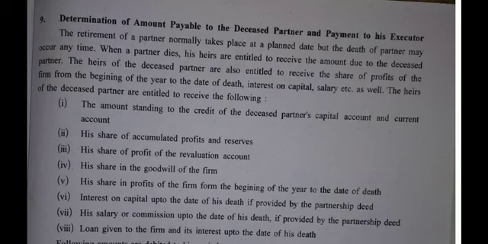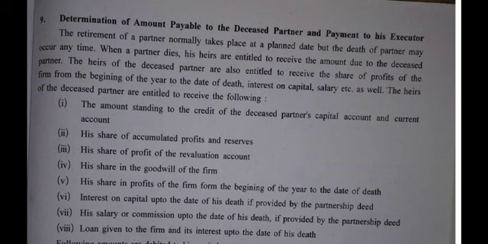The retirement of a partner normally takes place at a planned date, but the death of a partner may occur any time. This is very simple to understand. Say for example there are 3 partners and one of them is going to retire. So a date is planned accordingly for this purpose. But what about death? We do not get any notice. We cannot plan our death.